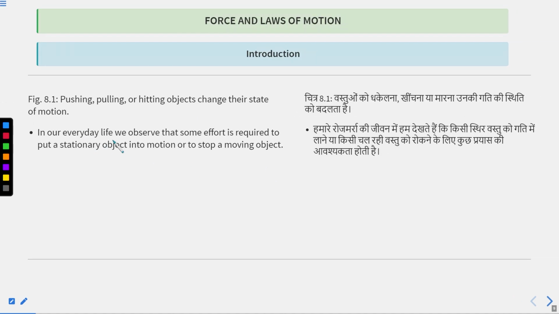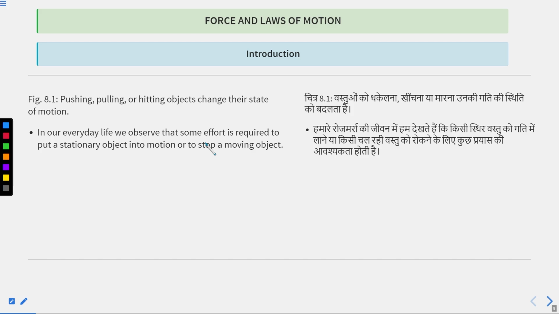In our everyday life, we observe that some effort is required to put a stationary object into motion or to stop a moving object. For example, you are playing football. The football is in a stationary position. When you hit or kick the football, it begins to move.